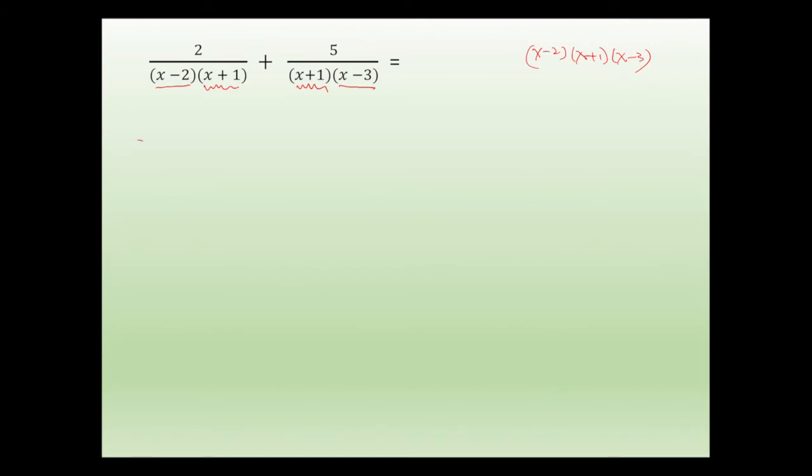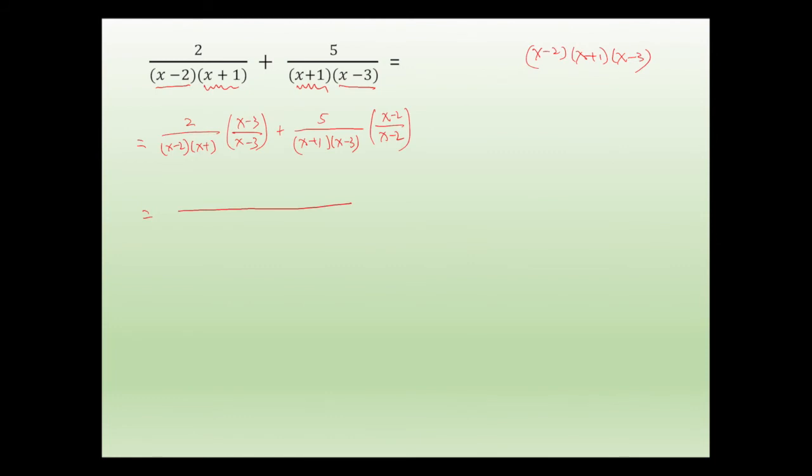Alright, so let me write it here. We've got the first term 2 over (x minus 2)(x plus 1), multiplied by (x minus 3), because this term does not have an x minus 3. Now, next term, (x plus 1)(x minus 3), multiplied by (x minus 2).